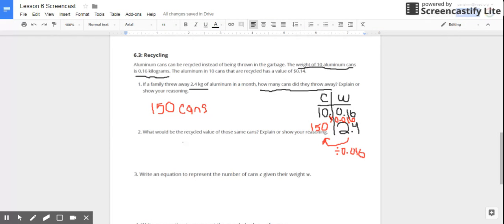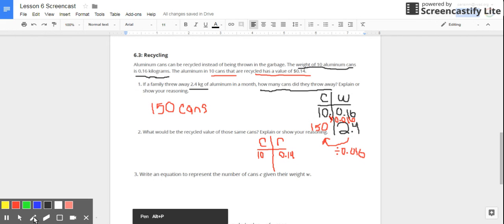Now we're talking about recycled value, so basically the price. So I'm going to make a new table. I need to use the number of cans, and then for the recycled value, I'm going to use an R. Looking back up here, if I have 10 cans, we have a recycled value of 14 cents. So put that in our table, 10, and then 14 cents.